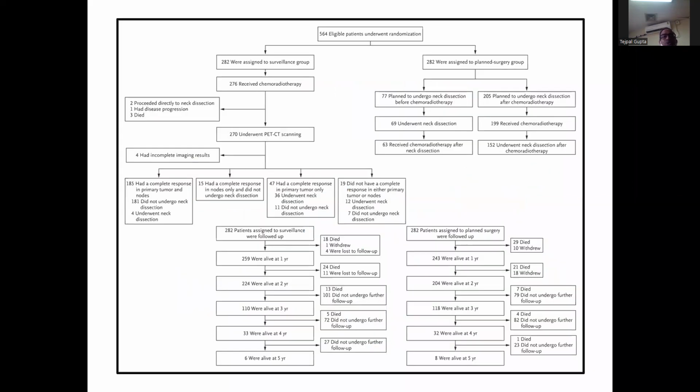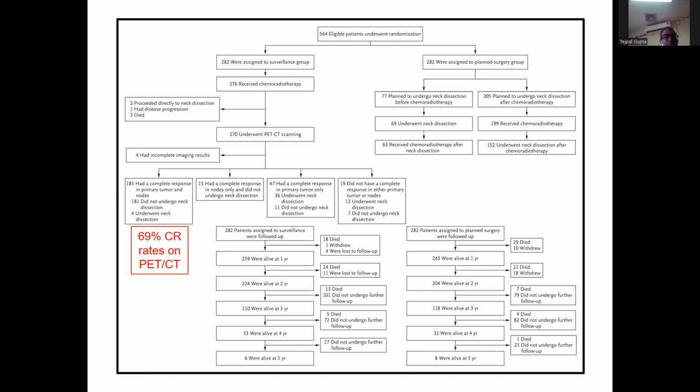So more than 550 patients were randomized, half of them to the surveillance group and the other half to the planned surgery group. All of these patients were N plus at index diagnosis. Of those who underwent PET CT surveillance, many had a complete response, but some had a partial response.